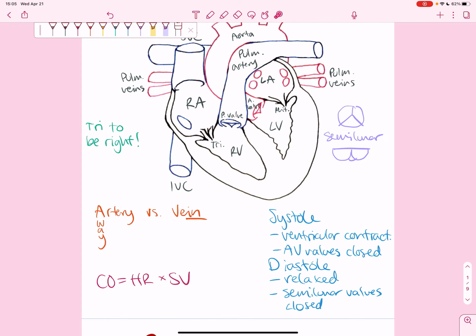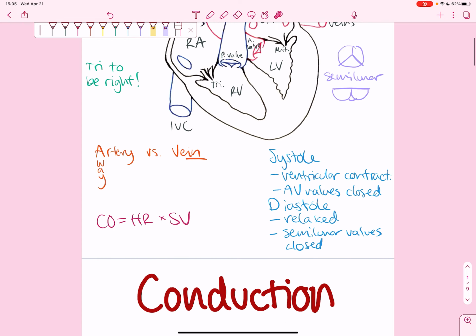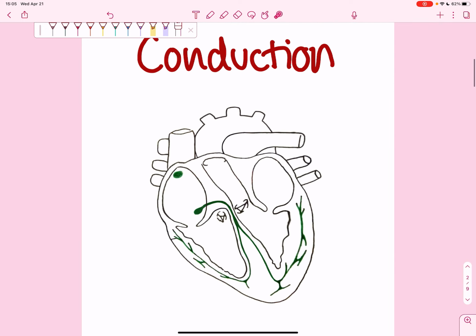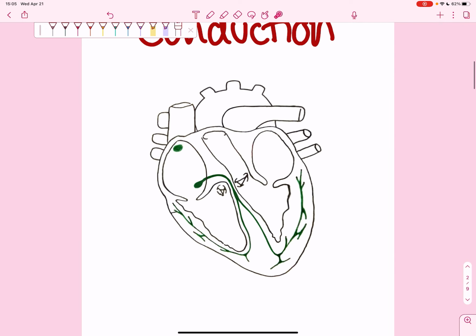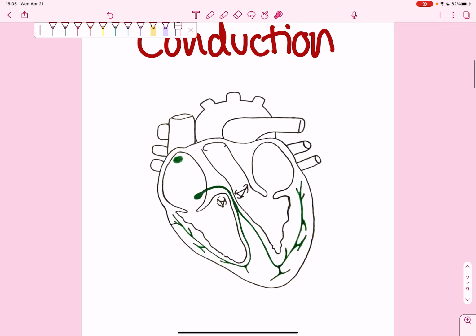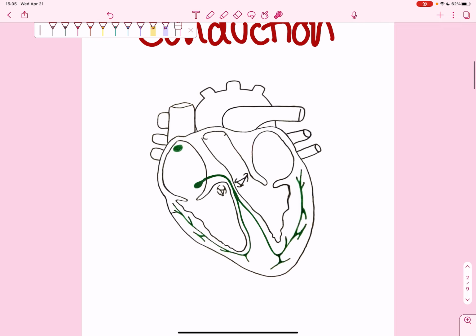Okay, now we're going to go on to conduction of the heart. So the electrical system, I suppose you could say. Again, let's get some labeling out of the way. Start with the SA node, which is right here. SA just means sinoatrial node. I'll write that out.